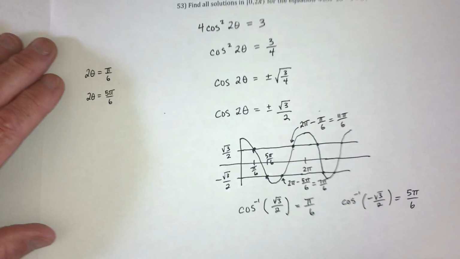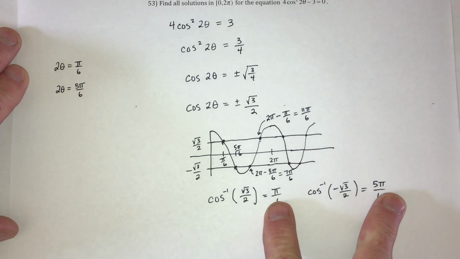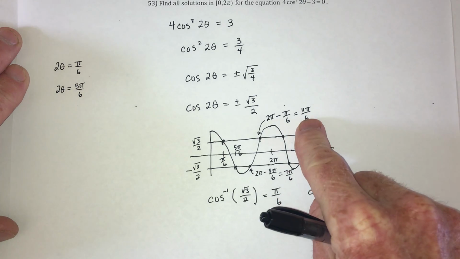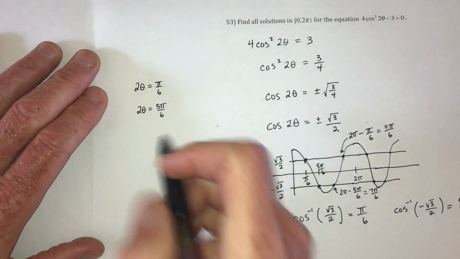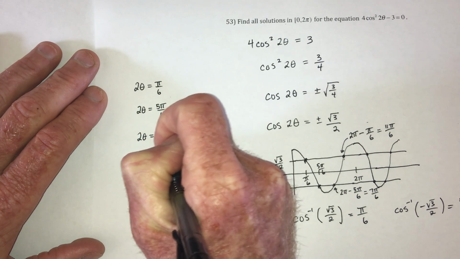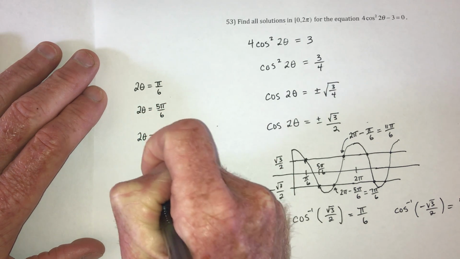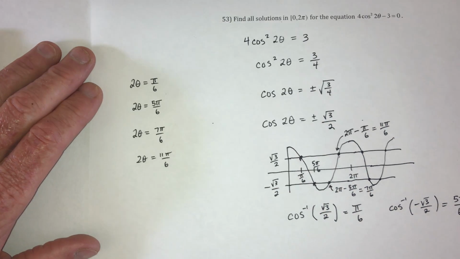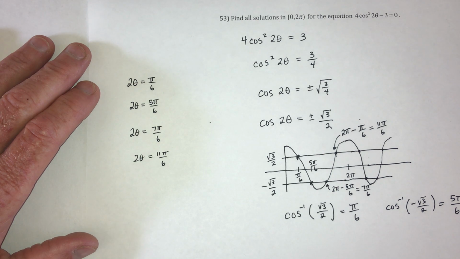That was the first two. Then there was 7 pi over 6 and 11 pi over 6. All right, that's 4 solutions.